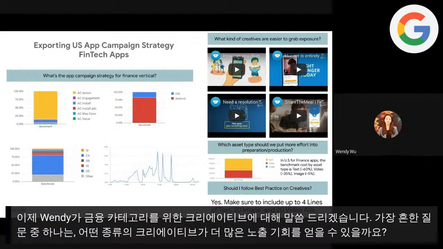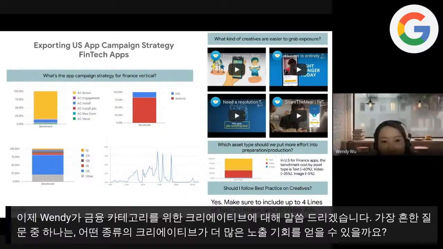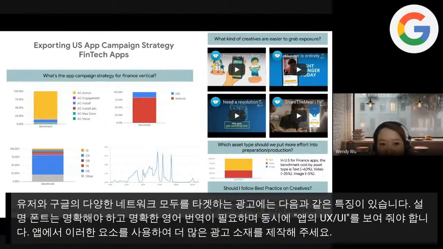Thank you, Mike. I'll talk about creative. Many developers have asked us the same question: what kind of creative can get more exposure opportunities in the US? We can tell you that an ad that attracts both viewers and Google's variety of networks has the following characteristics. One, the description font needs to be very obvious.